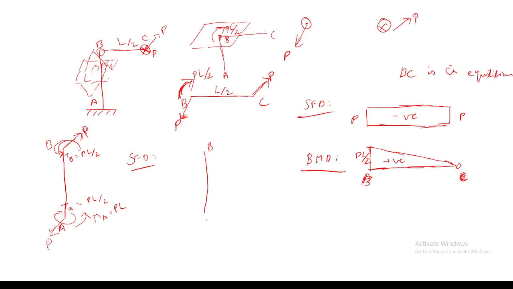This is member AB, and will it be positive or negative? It is a positive rectangle since it forms a couple in the clockwise direction when viewed from the right hand side.